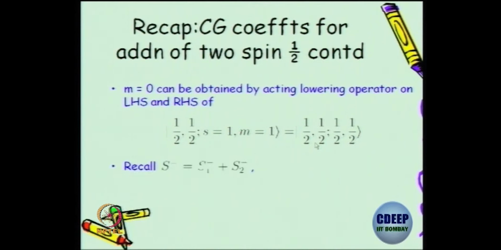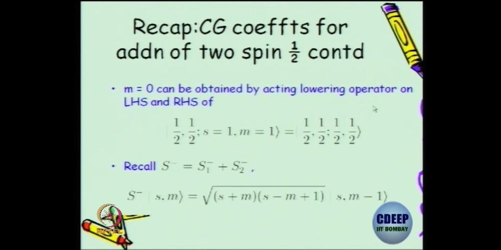And then on the stretch state, we operated ladder operators. On the left hand side is a coupled state, right hand side is an uncoupled state, and then we applied the S minus operator on the coupled state. It only looks at these two. And on the right hand side S1 minus will operate on M1 and reduce it to M1 minus 1, and S2 minus will operate on M2 and reduce it to M2 minus 1, right.